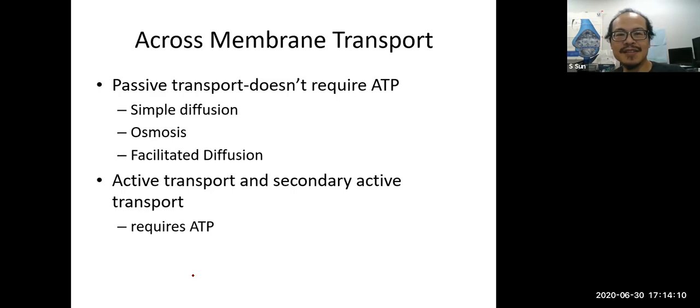So here is a summary. To move substances across the membrane, we have passive transport, which doesn't require ATP. And with this one, we have 3 mechanisms. One is simple diffusion.